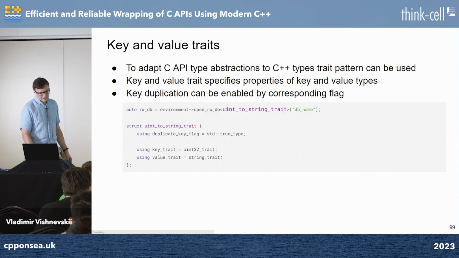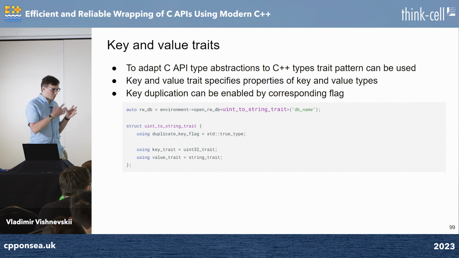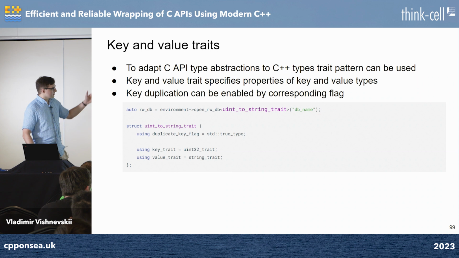So generally we need to provide the rules for how our C++ types will be converted into the types that LMDB can store, actually a byte vector. This can be done using the traits pattern. So we are providing the traits to do this.